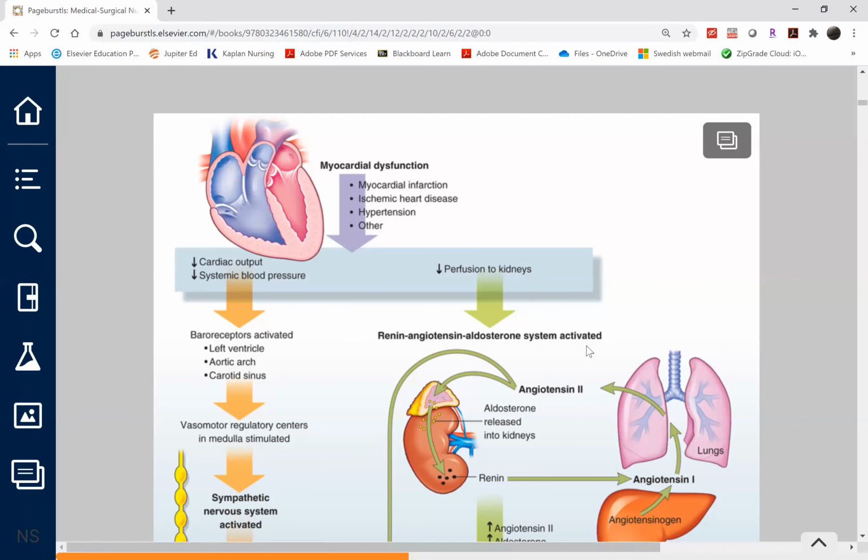Now imagine, let's say, heart failure, or more specifically an MI. Any of these conditions: the patient suffers an MI, has ischemic heart disease, hypertension, anything else. Will any of these conditions lead to one or more of the following: decreased cardiac output, decreased blood volume, decreased sodium, decreased oxygen?